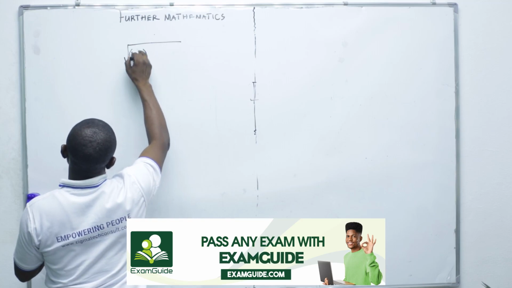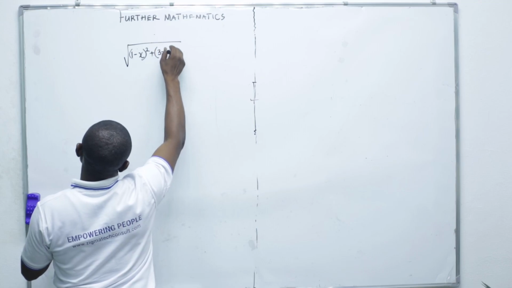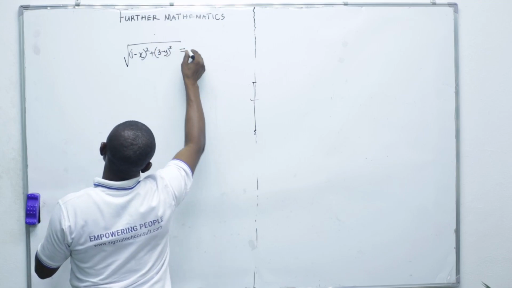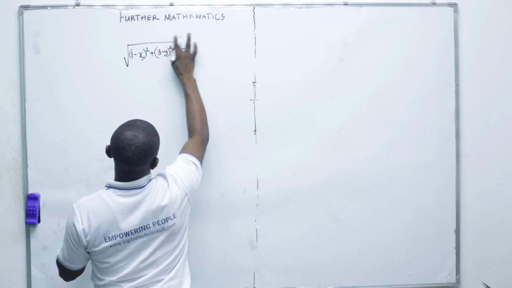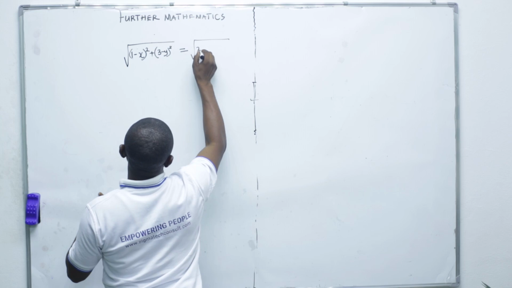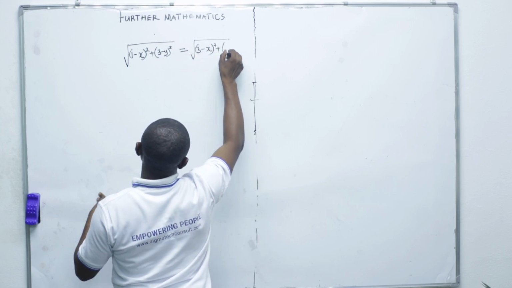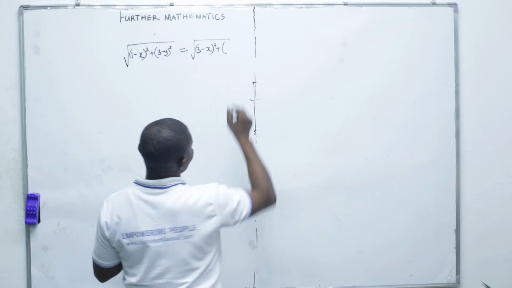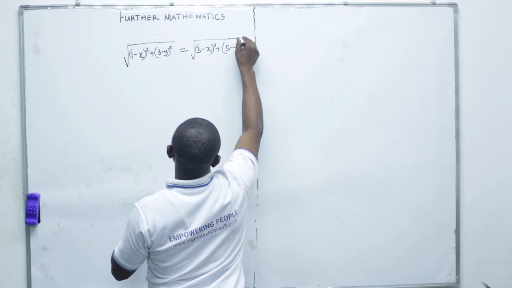x all squared plus y2, 3 minus y all squared equals, the same thing will happen here at the right hand side, square root of 3 minus x all squared plus 5 minus y all squared. Fine.